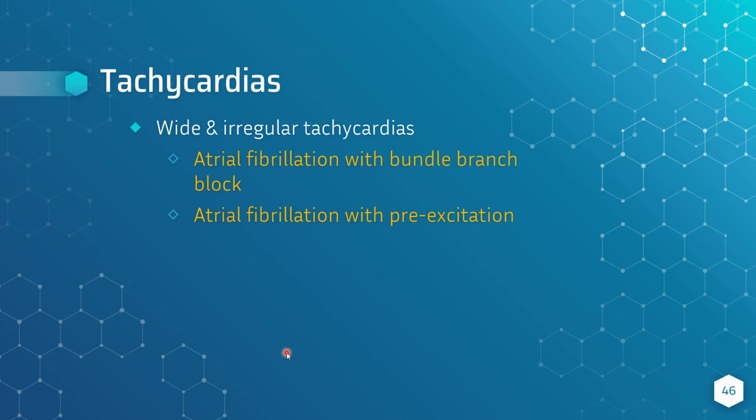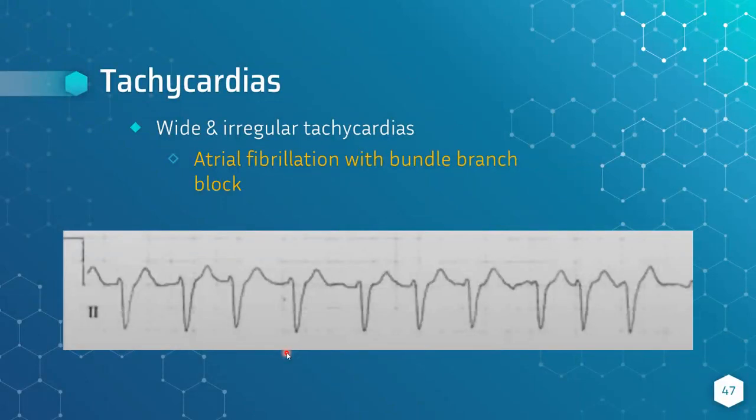But for categorical purposes, these are the two different rhythms you can have with this criteria. And here's your wide and irregular tachycardia with AFib with a bundle branch block. Again, your QRSs are wide, but since it's irregular, and it looks like you have some atrial activity going on where it's fibrillating, this would be your common AFib.